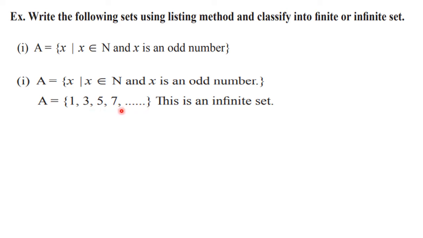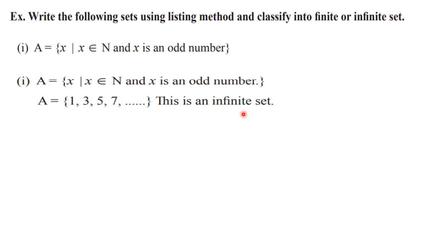The set is not going to terminate anywhere, so we can say that this is an infinite set. When we write the set in the list method, this gives us the justification for why it is infinite. You can see here that it is never ending. The elements are uncountable, unlimited. So the set is an infinite set.